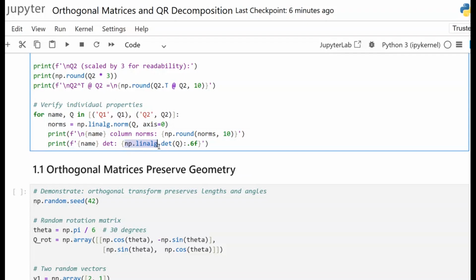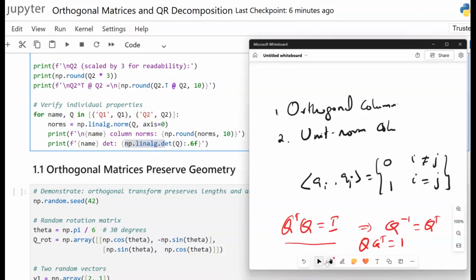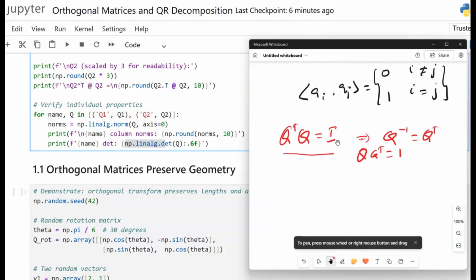And here we just compute the determinant, and of course, you all know we have discussed this a lot. The determinant of Q is plus or minus 1. If it is positive 1, it is a proper rotation, and if it is negative, it is a reflection, that is an improper rotation.